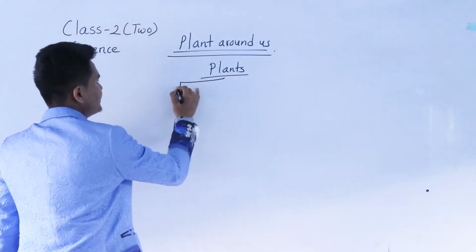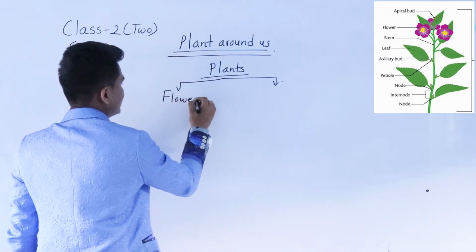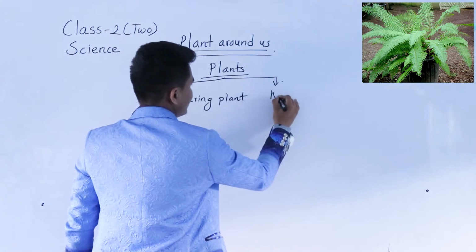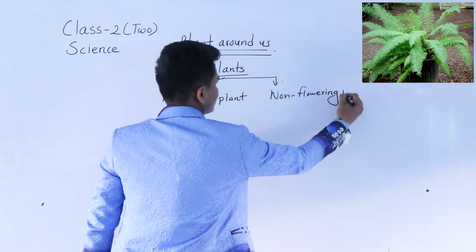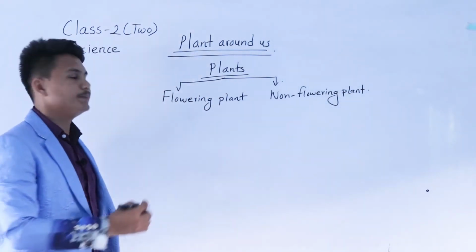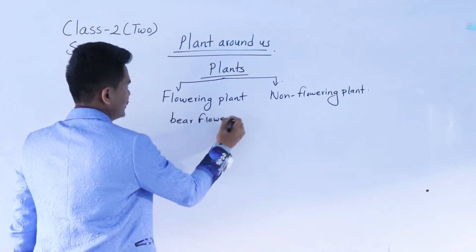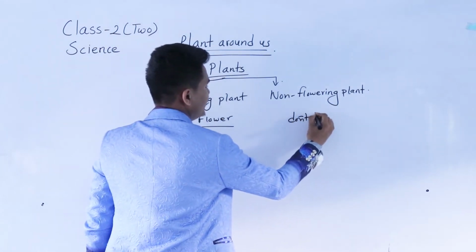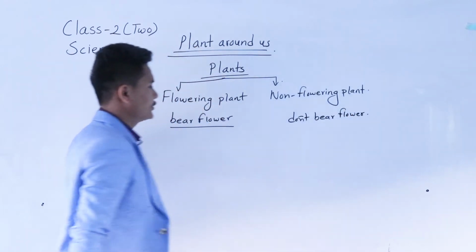Basically, plants are divided into two main groups, that is flowering plants and non-flowering plants. Flowering plants are those plants which bear flowers, and non-flowering plants are those which do not bear flowers.